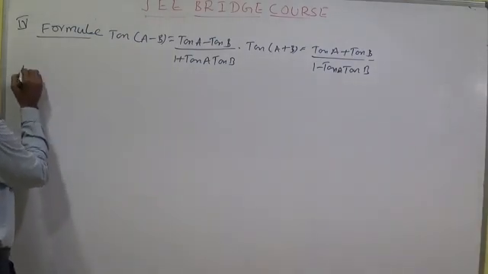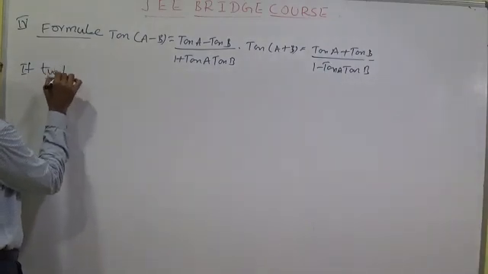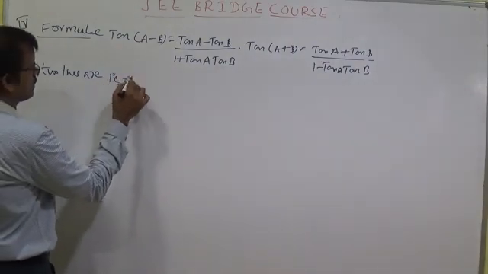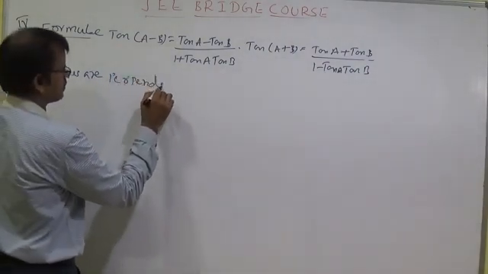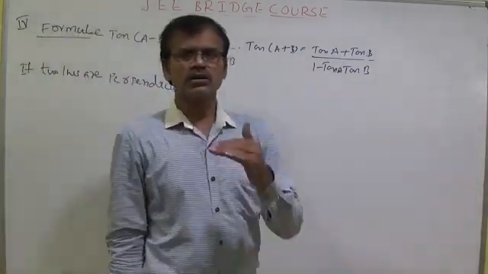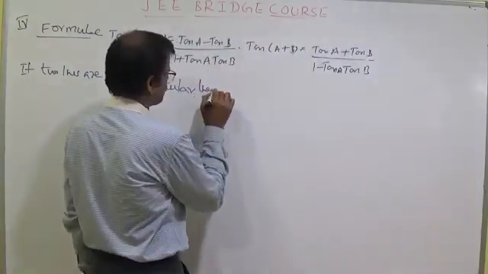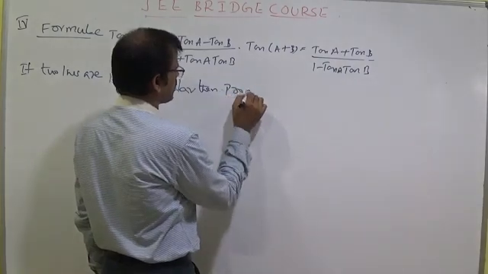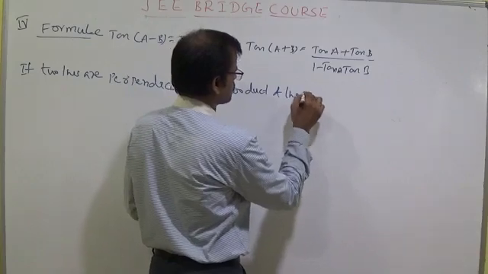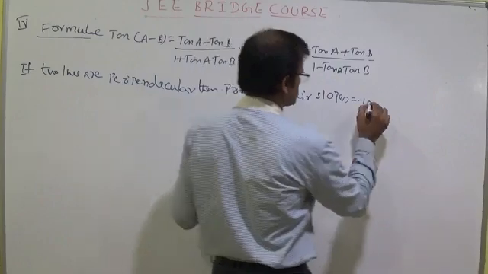Now, the formula I want to discuss with you is that if two lines are perpendicular, then the product of their slopes is equal to minus 1.